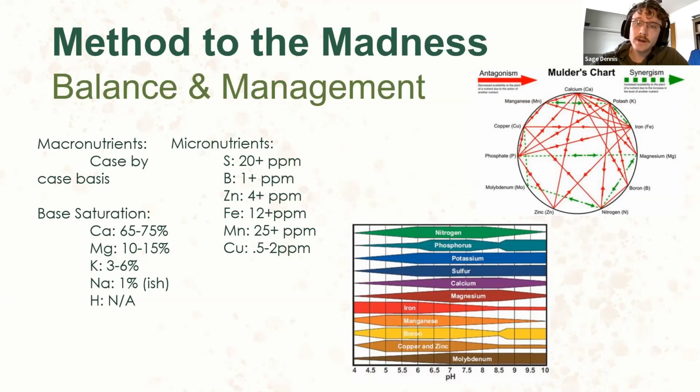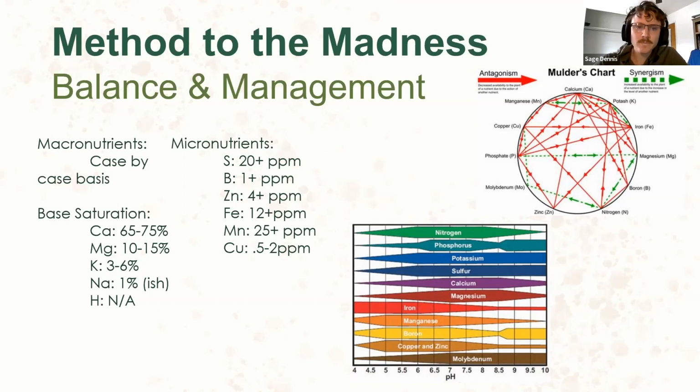I don't let hydrogen designate much, but I use it as a way to better understand the acidity of the soil. And then finally, when we look at these micronutrient values, I used to have more set limitations on the actual nutrient thresholds. However, I've taken a step back from that, and I have a baseline fertility instead.